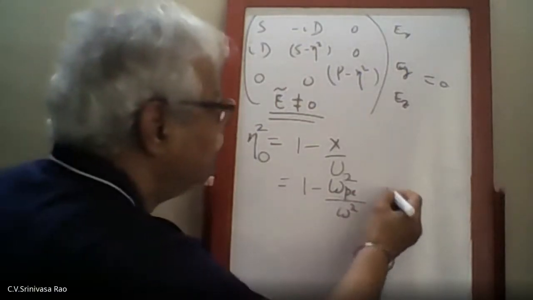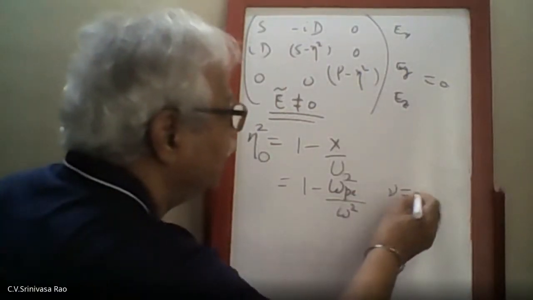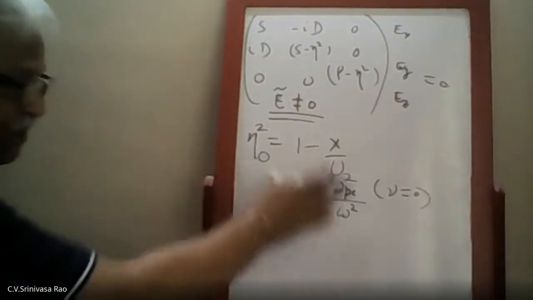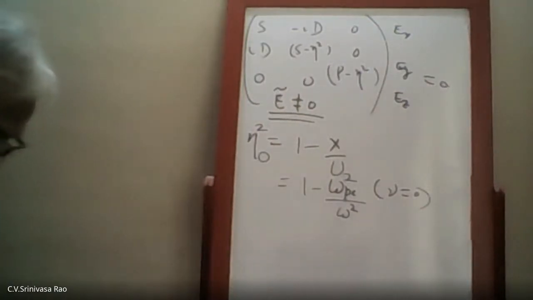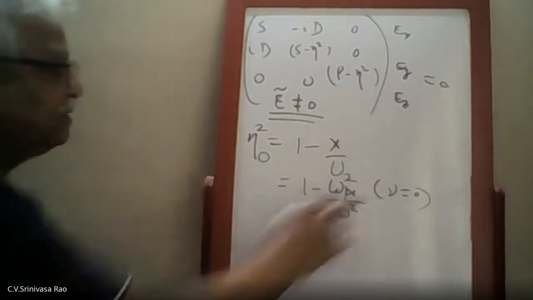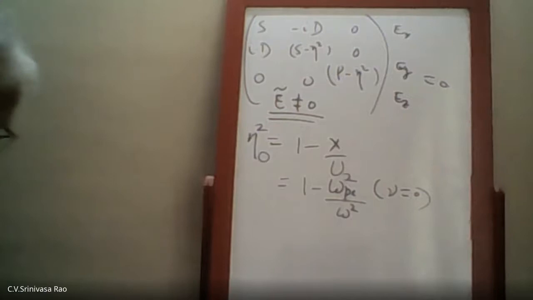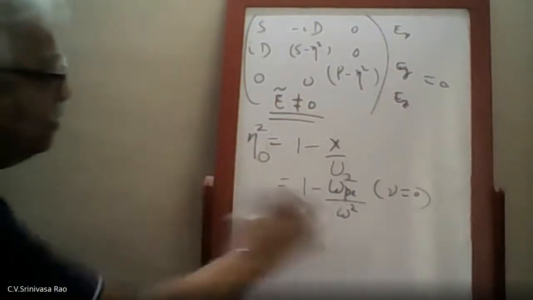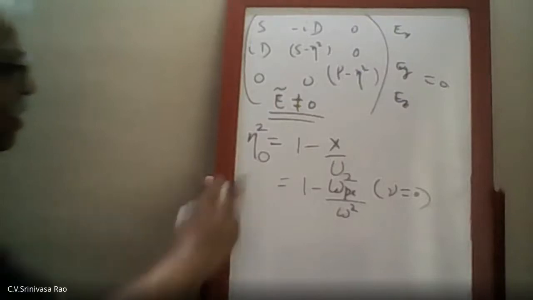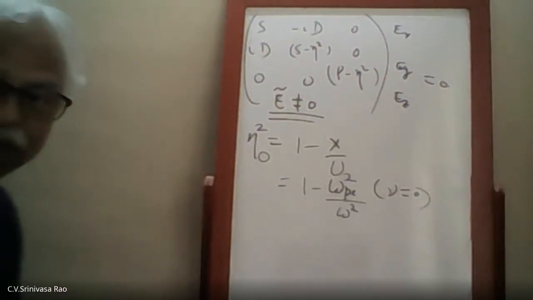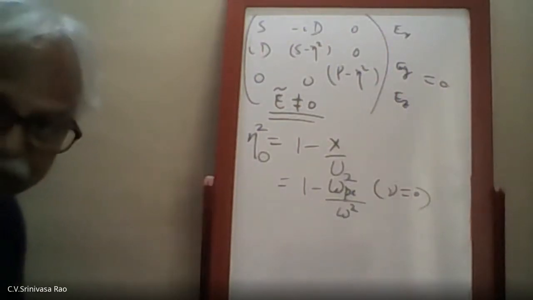And we have assumed that there are no collisions. If you put collisions, there will be some modifications of these frequencies. So for the case where you have no collisions inside the plasma, this is one of the modes, and this is called an ordinary mode. We'll see why it is called ordinary mode. The other one is called extraordinary mode.